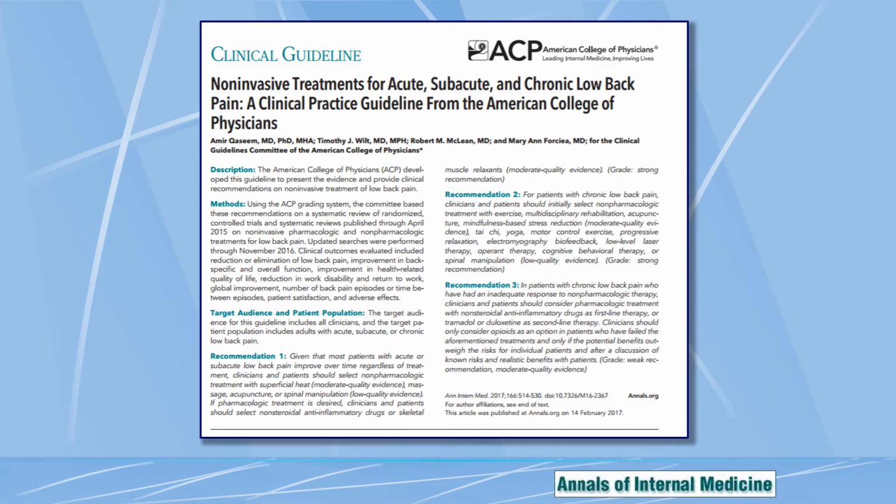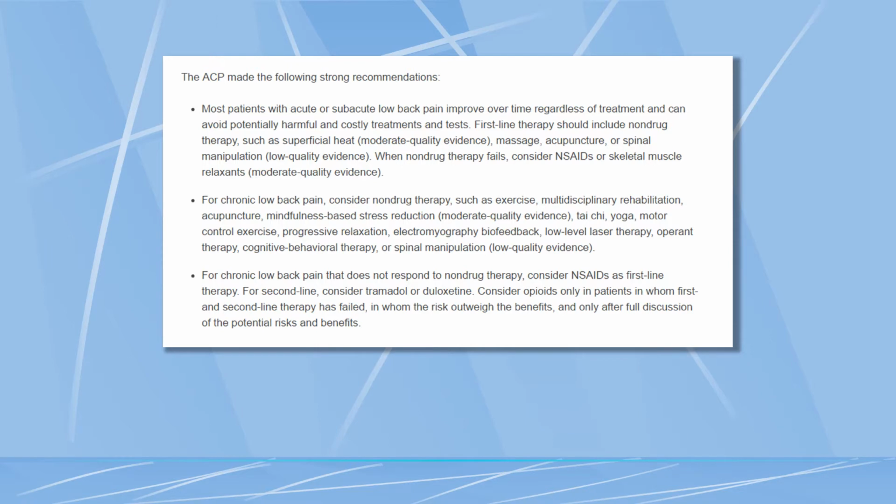I'll also provide for you this week in your readings the American College of Physicians Clinical Practice Guidelines, and these guidelines also provide very good information that we can utilize to help with the management of our patients. When we look at the recommendations from the American College of Physicians Guidelines, they dichotomize treatment for patients with acute and subacute low back pain compared to those who have chronic low back pain.